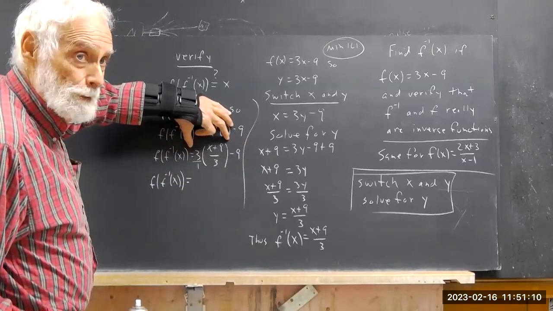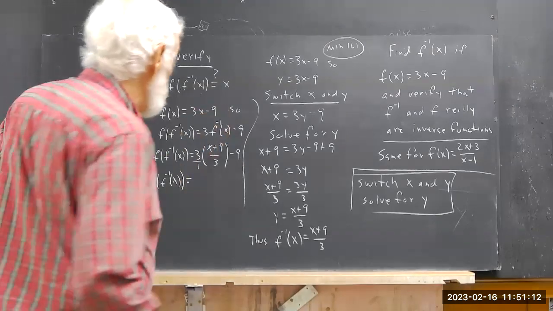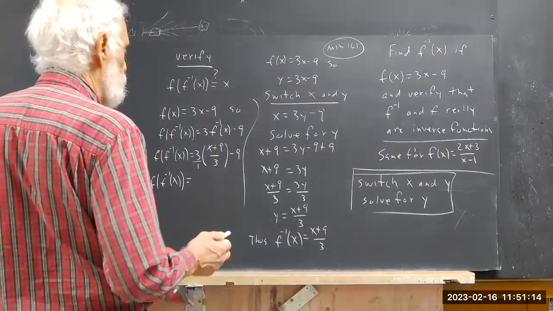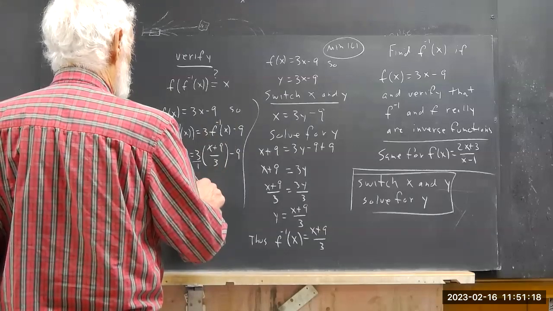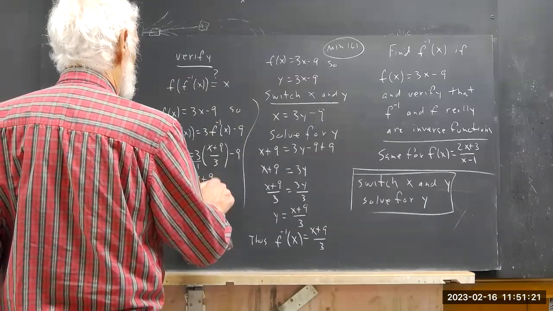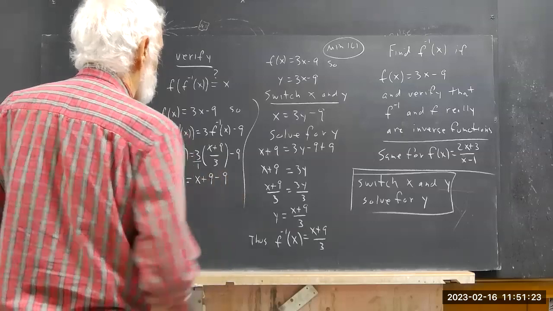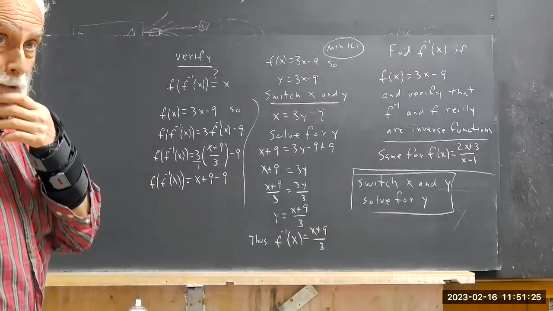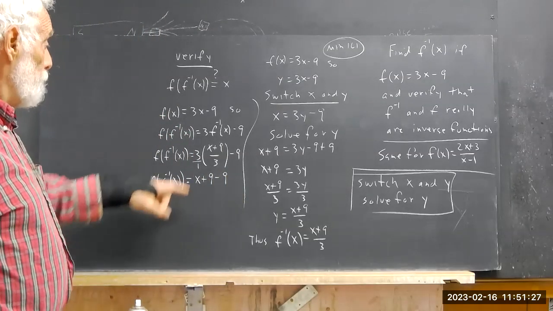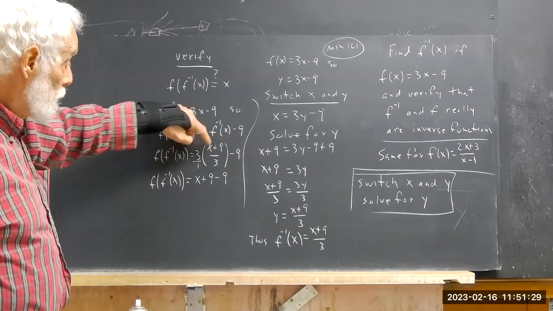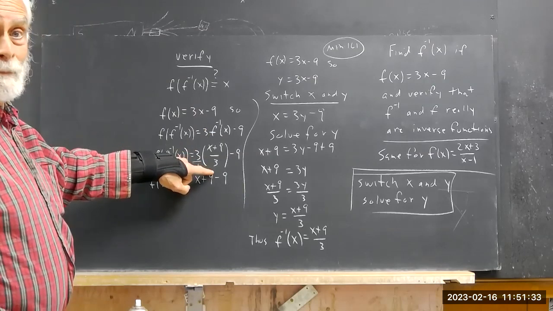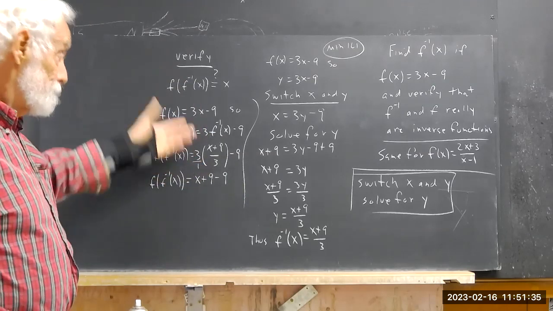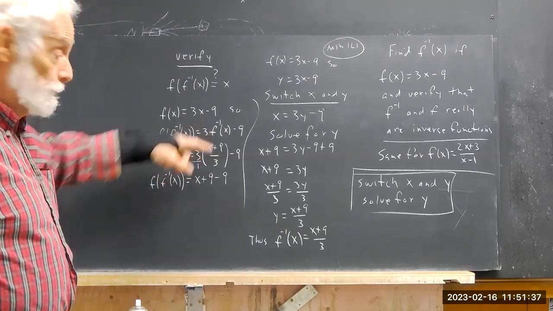Another way to do it, of course, but I'm saying do it this way. You're not likely to forget it, you're not likely to mess it up. So anyhow, this is going to end up equaling 3 times (x plus 9) divided by 3. The 3 divides this 3, and you get x plus 9.